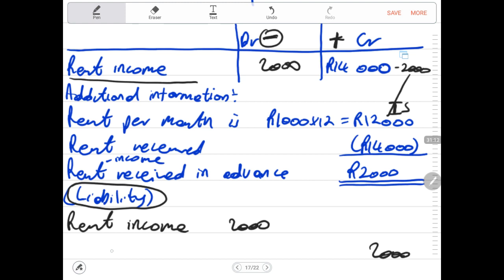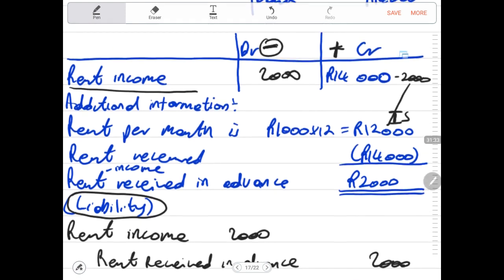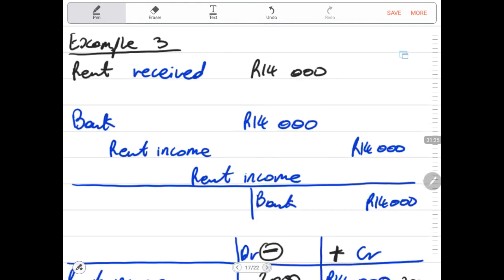So this will be rent received in advance, or income received in advance, 2,000 rands. Now, how do we record this in the income statement?